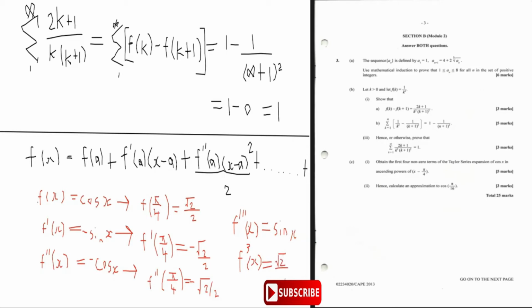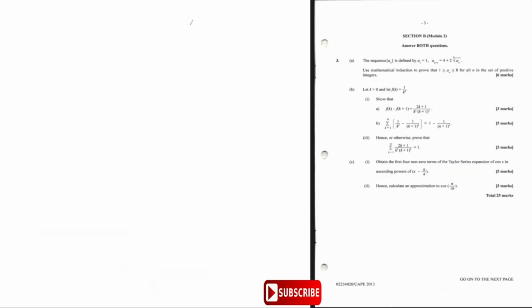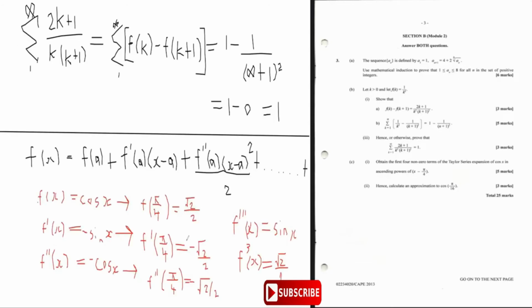Good. Now we can proceed to say that f of x is equal to f of a, which is root 2 over 2, plus f prime of a, which was minus root 2 over 2.